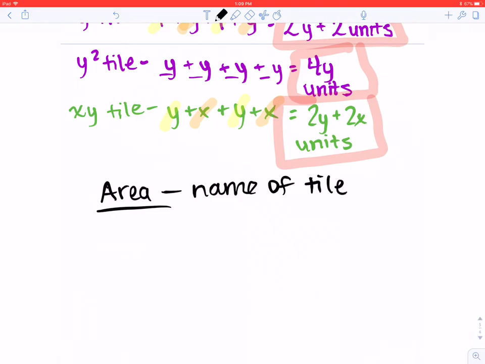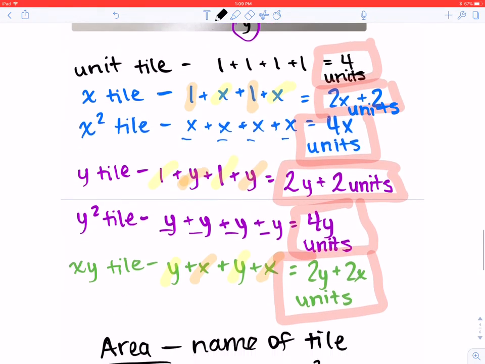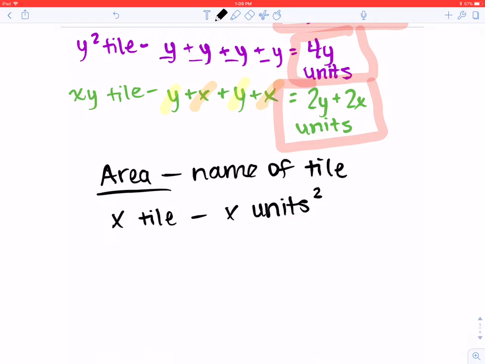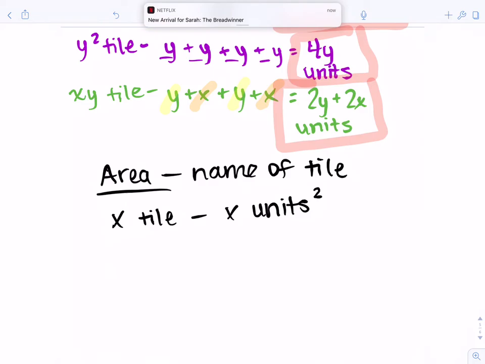So the area of our X tile is X units, but because it's the area, we say units squared. So on perimeter, we say units. On area, we say units squared. And that goes even for when we're not using another language, like algebra tiles, but we're using real numbers. We still would say inches squared or feet squared, units squared.